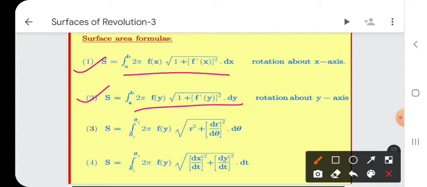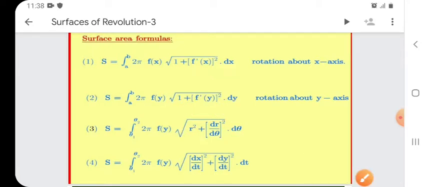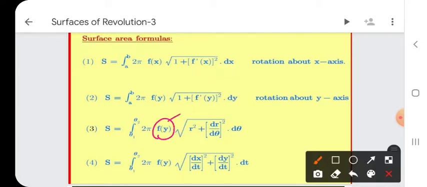Next, the third one is polar form. If the given equation is in polar form, we use the third formula. Again, here also we have two types of formulas: one is f of x and one is f of y. If the given equation is in polar form and revolves about the x-axis, we use f of x.